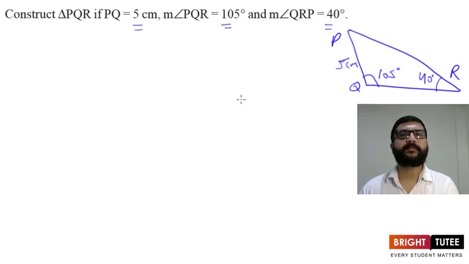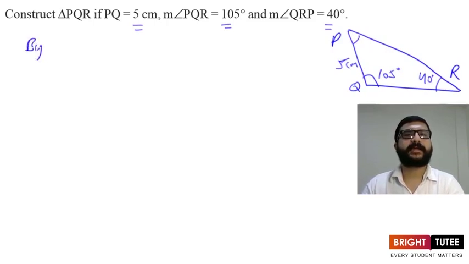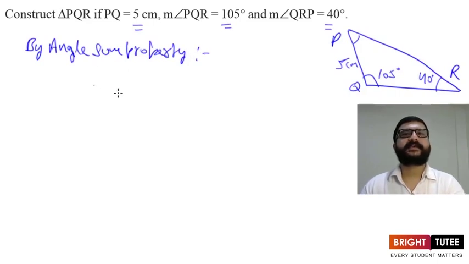We have to use angle sum property and we can get measurement of angle P. So let's do that now. We can write by angle sum property. What was the angle sum property? It is sum of all the angles of a triangle is 180 degrees.